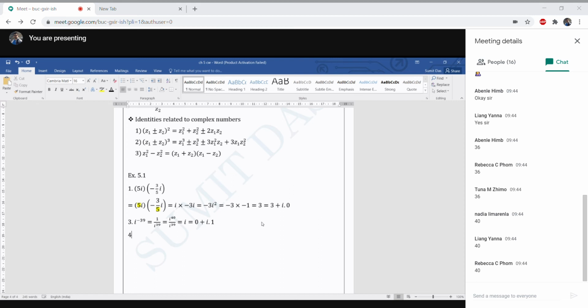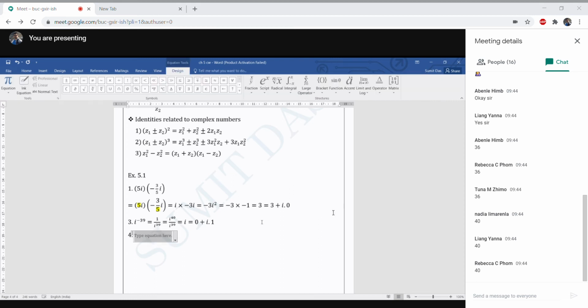Question number 4, not that difficult but still doing. 3 plus i7 into 7 plus i. How to do this kind of question?